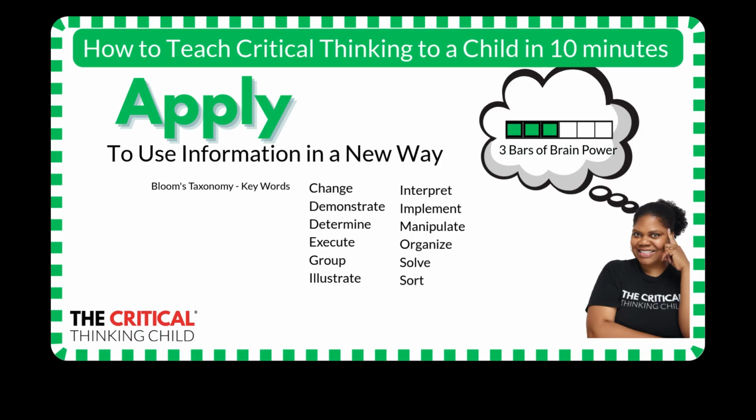How many vowels do we have in English? How many consonant sounds do we have? See, you're sorting them. And then can you come up with words that have 2 vowels and 3 consonants? What words would that be? So now you're doing manipulation, organization, you're doing multiple skills at the same time, all related to apply or application.